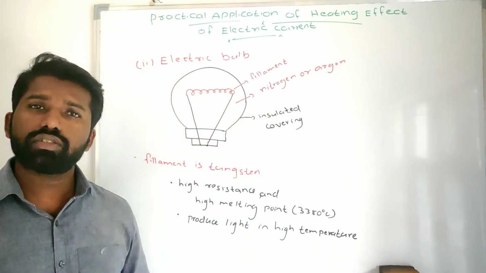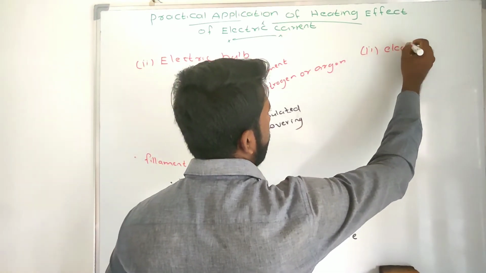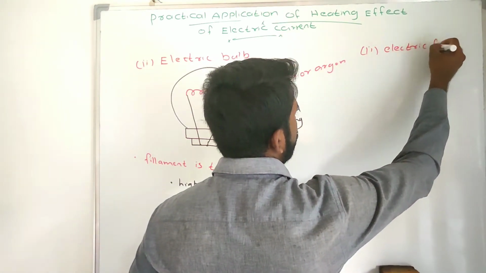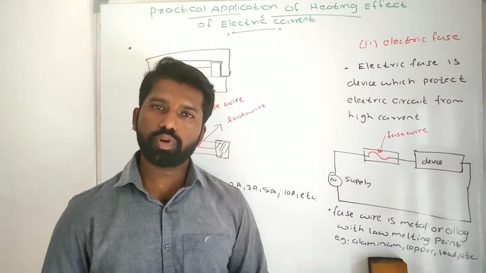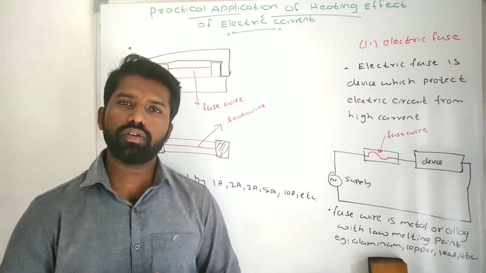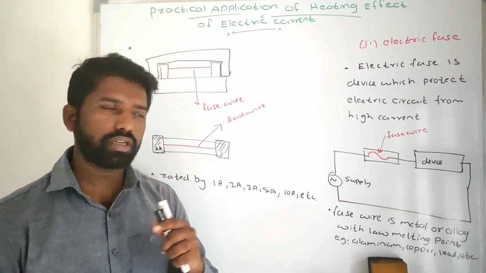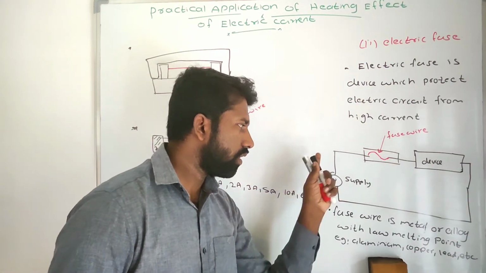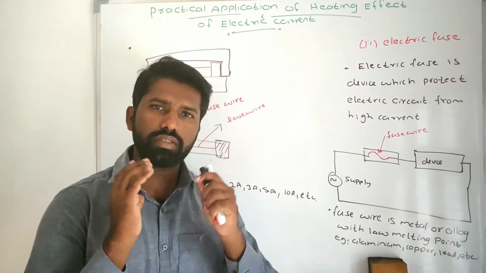Next we will see the third one, that is the electric fuse. An electric fuse is a device which protects an electric circuit from high current. If high current flows through a device, it will be damaged. So the electric fuse is connected in series between the device and the circuit. This electric fuse is a very simple device.